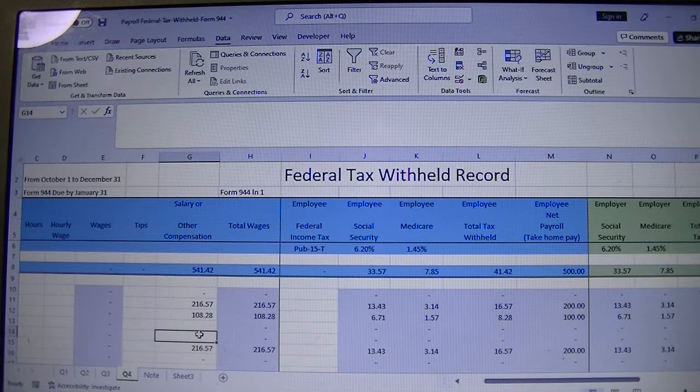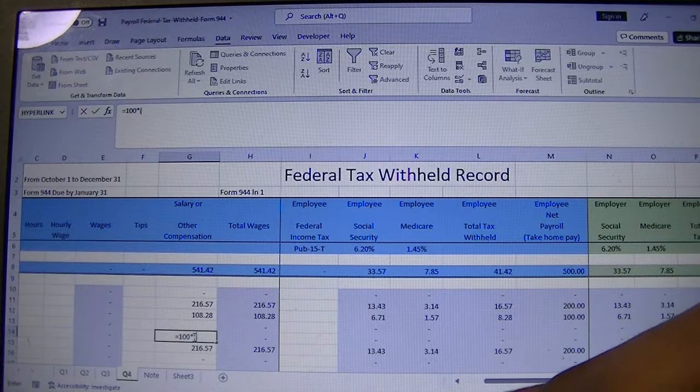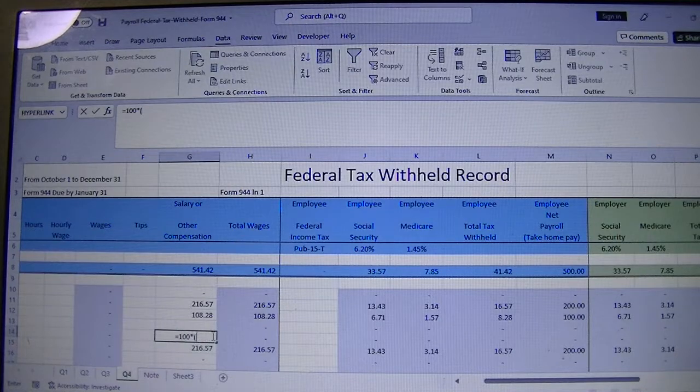Let's use the $100 one. So $100, we pay $100 to the second person. So you'll put $100, that's the take home, times, you open the parenthesis, 1 minus, so pretty much what we are trying to do is dividing 6.2 by 100.